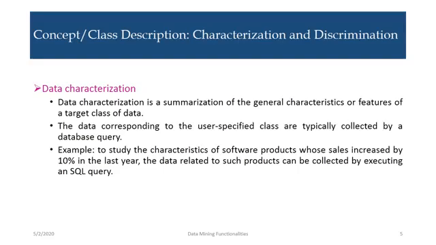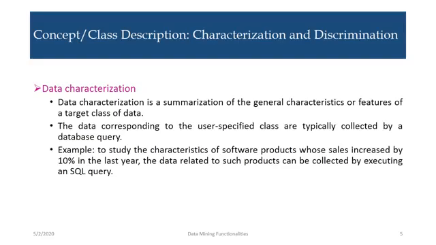Example, to study the characteristics of a software product whose sales increased by 10% in the last year, the data related to such products can be collected by executing an SQL query. Suppose we want to find a particular product whose sales value increased by 10%.